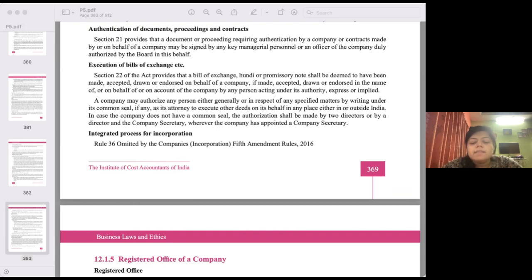Say the company has made a check to me because I supplied certain goods to the company. So that particular signature of the company, or the fact that the company has in fact given me the check, how will I prove that I was actually the good title holder to that check and the check was made bona fide to me?